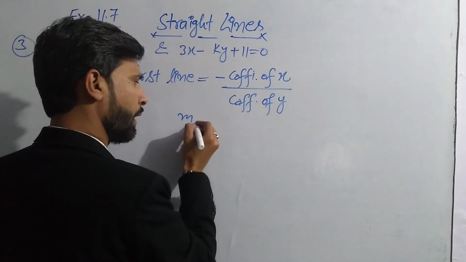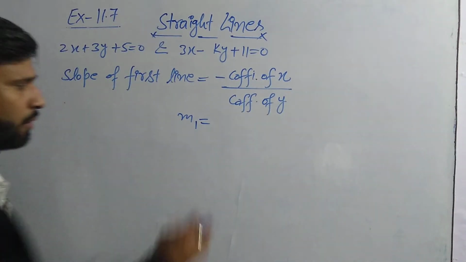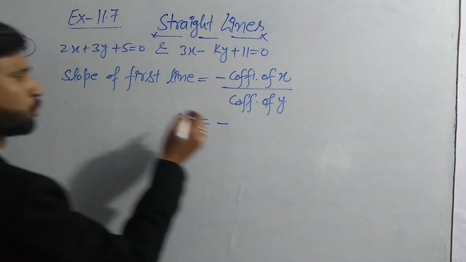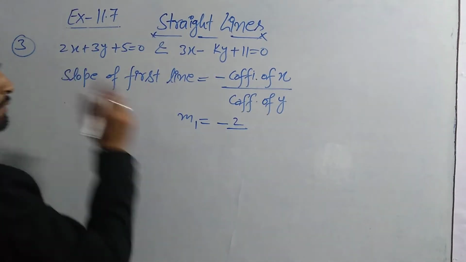It means m1, slope of first line is denoted by m1. m1 is equals to minus coefficient of x is 2 and coefficient of y is 3.